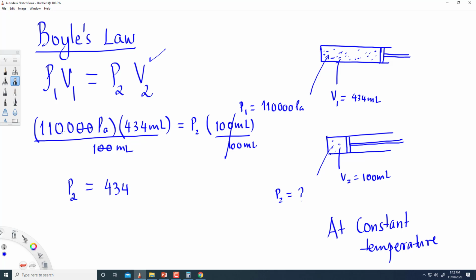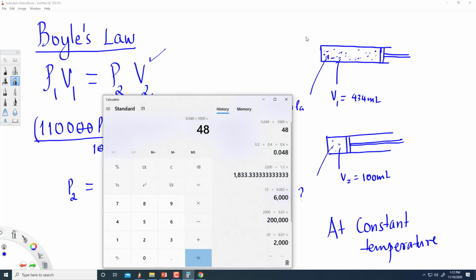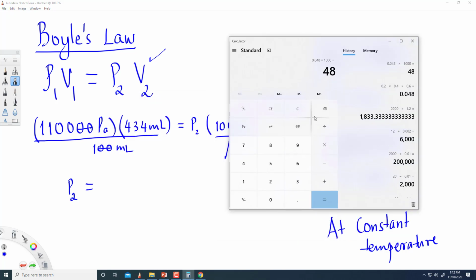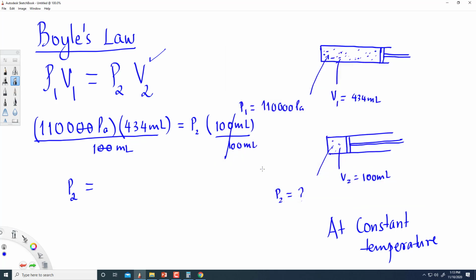Now let's use the calculator. We have 1100 times 434. That gives me 477400. 477,400 Pascal.